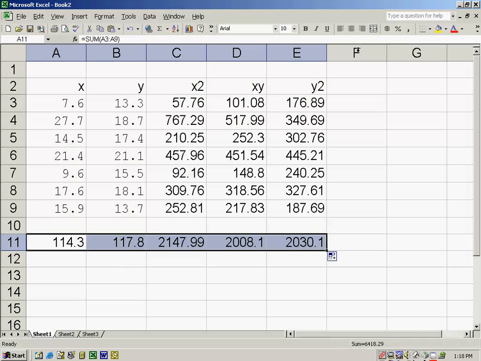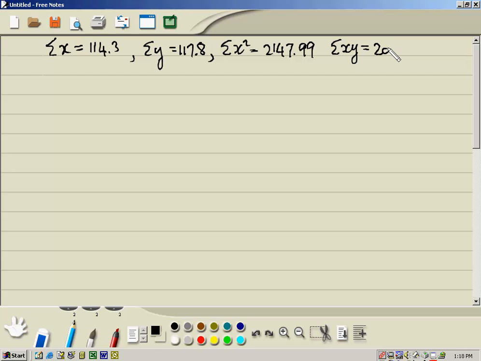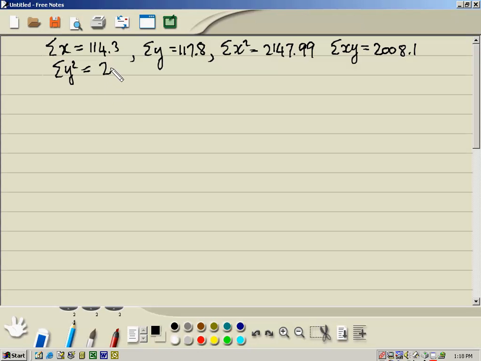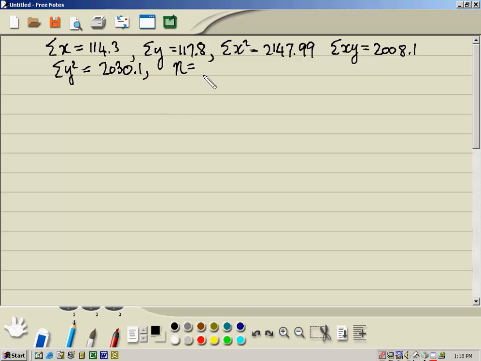Sigma xy is 2008.1. And sigma y squared is 2030.1. And the sample size, the number of data points: count them up and you'll see that we have 7 observations.